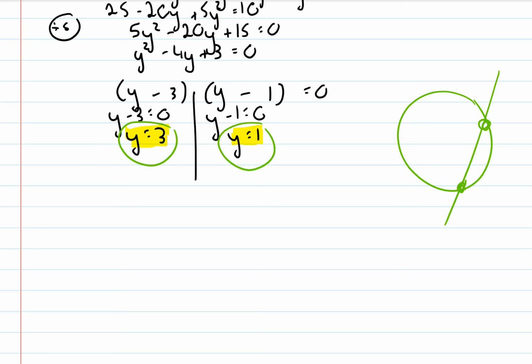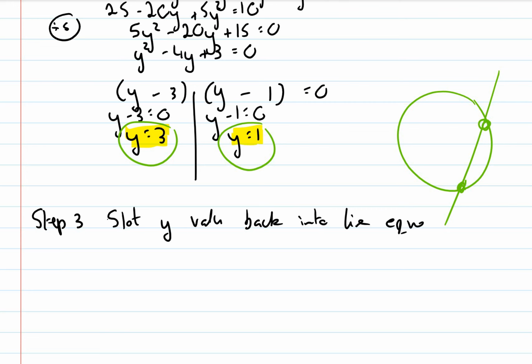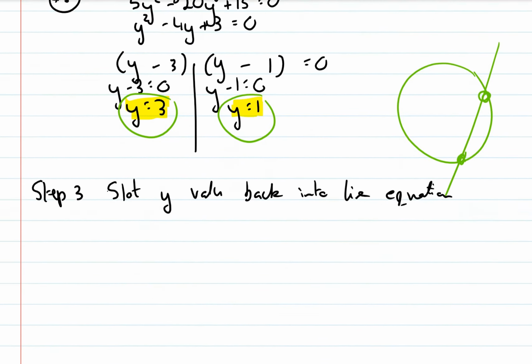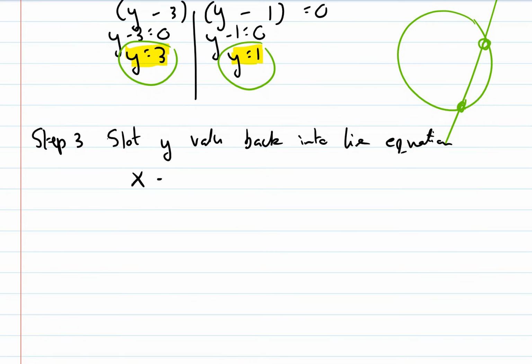Step 3: slot the y values back into the line equation. The line equation is x plus 2y equals 5.